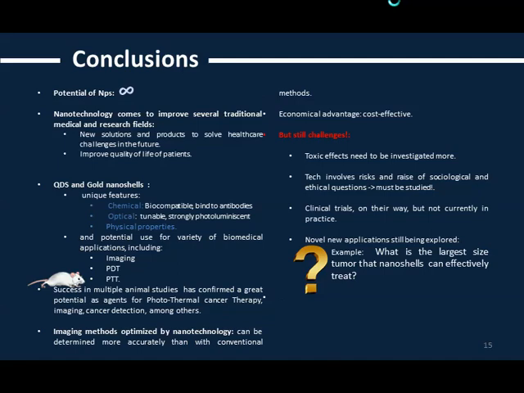For example, I read that the gold nanoshell application in photothermal therapy is in the final stage of clinical trial. But there are also other questions that need to be investigated more by scientists in this multidisciplinary area, like, for example, what is the largest size of tumor that a nanoshell can effectively treat, among other remaining questions.